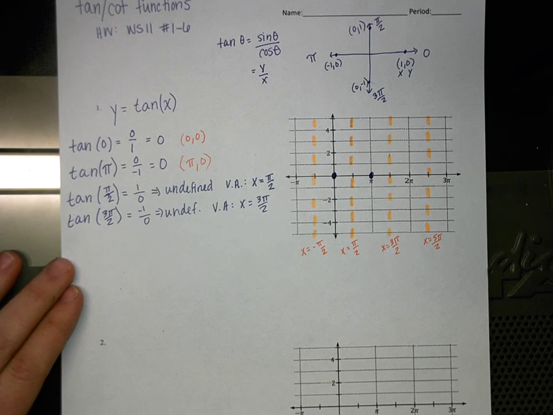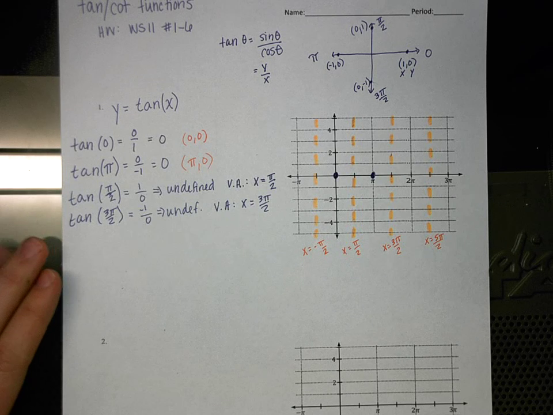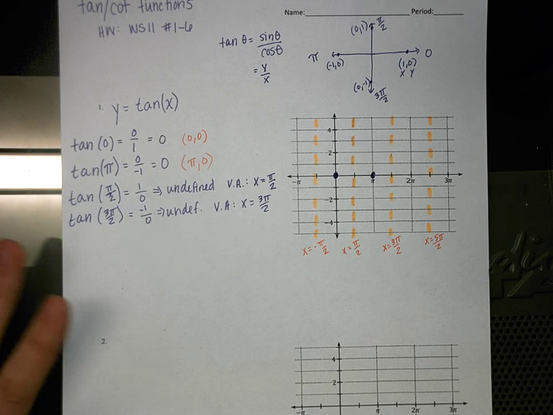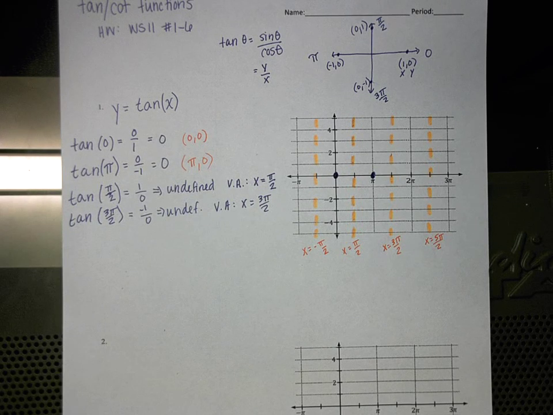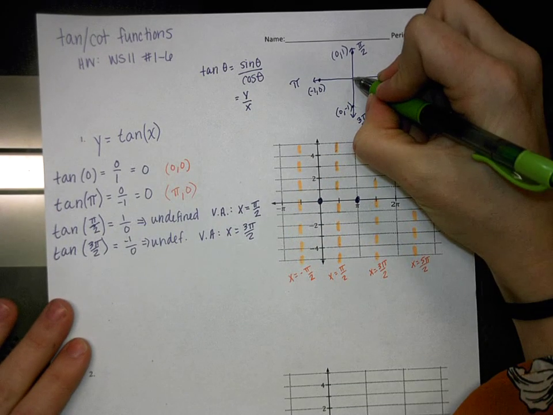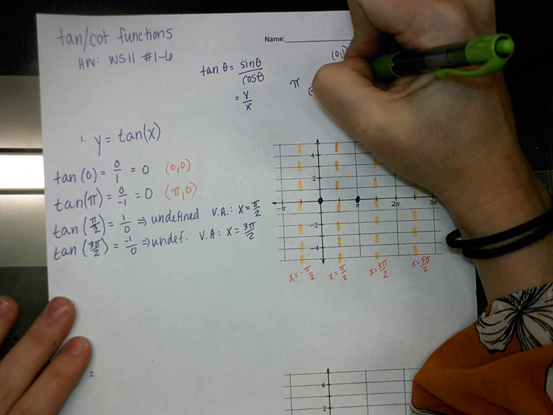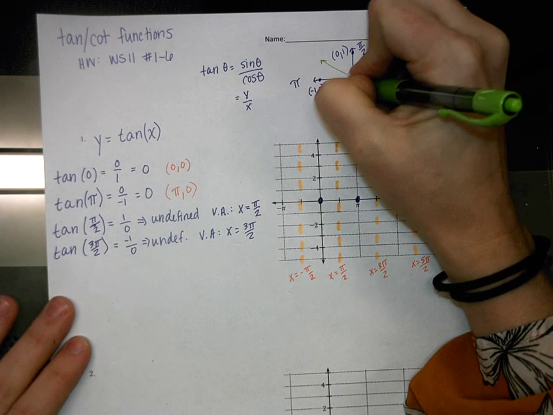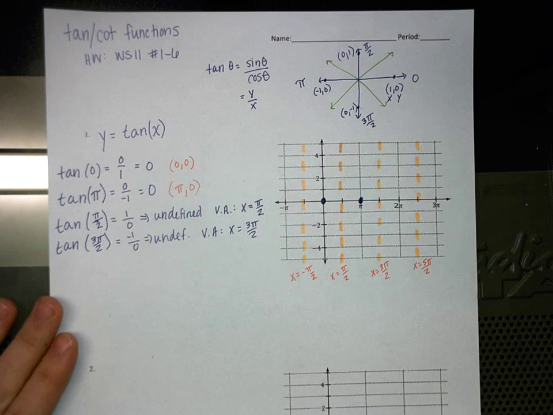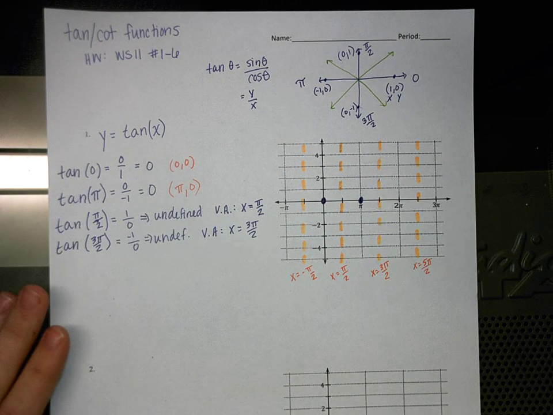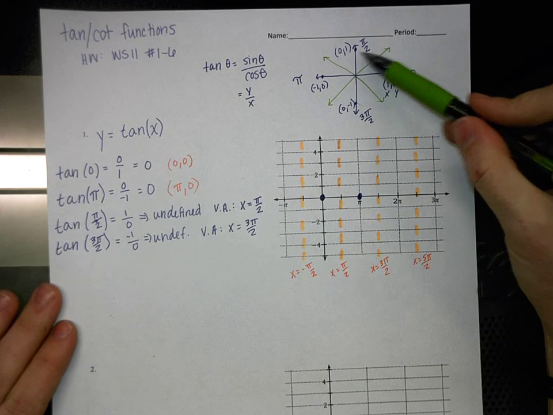So what on earth do I graph? Because I only have one point, we don't know what goes up and what goes down. So we're going to find some other values. What tangent value would be a good one to use that is in quadrant 1?